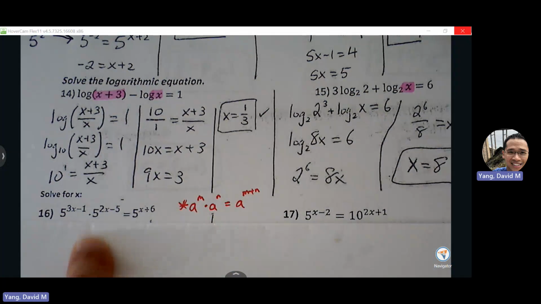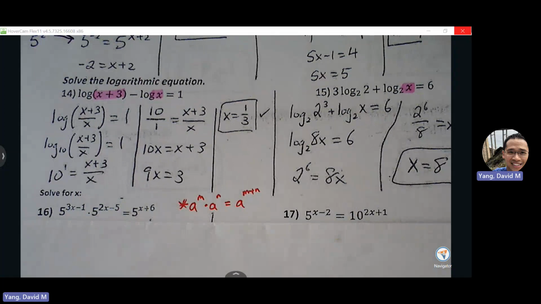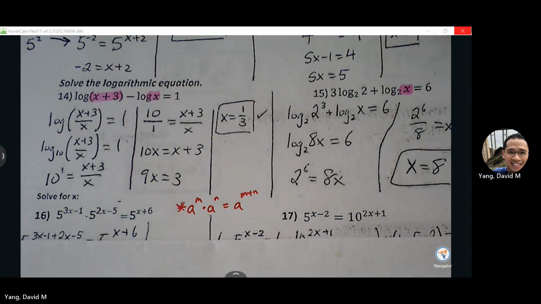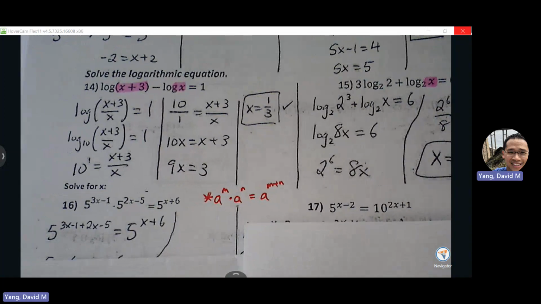So we can work on trying to get this to be a 1-to-1 relationship before we drop it to 5. So we have to merge the 3x minus 1 and the 2x minus 5 together first, before we can drop the 5s.